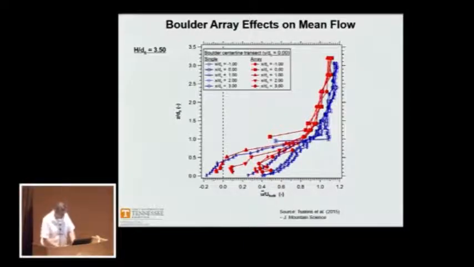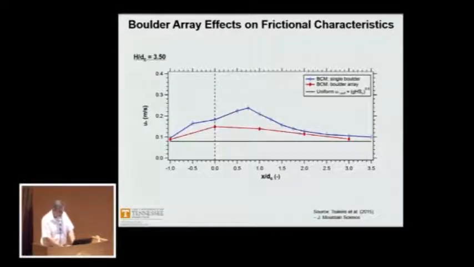And you can see that in the velocity profile, and you can see that better in the shear velocity, where the red line is the friction velocity along the longitudinal direction for a single boulder found within the boulder array for identical flow conditions with the conditions that we see here with a blue line.